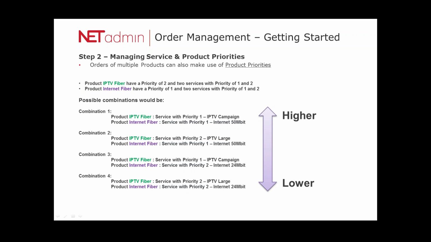So that's where the actual product priorities come in. And that says that internet has higher priority than IPTV, which means that it's more important that we select the internet with the highest priority over the IPTV. So that's why it's a combination of service priorities and product priorities.